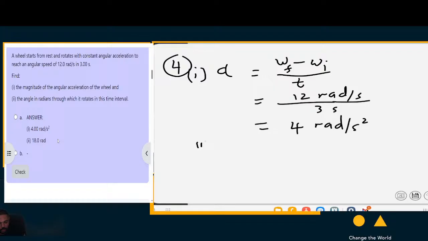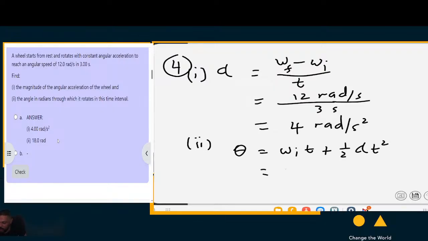Question number 2, what does it ask? The angle in radians through which it rotates in that interval. This is where you use this formula. The angle, it's the same as the distance, is the initial angular speed times time plus a half times the angular acceleration times time squared.